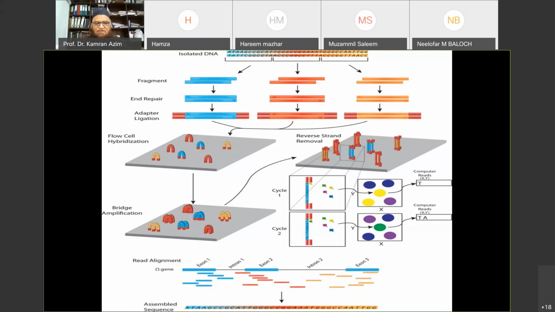In the Illumina sequencing method, we take the DNA as you see over here.